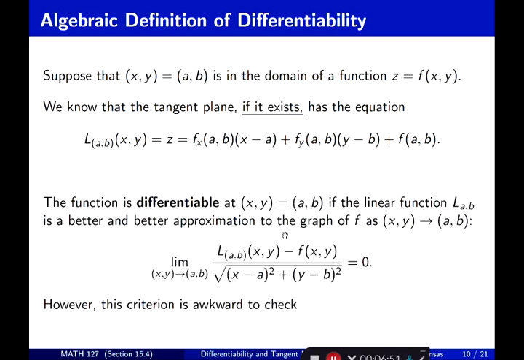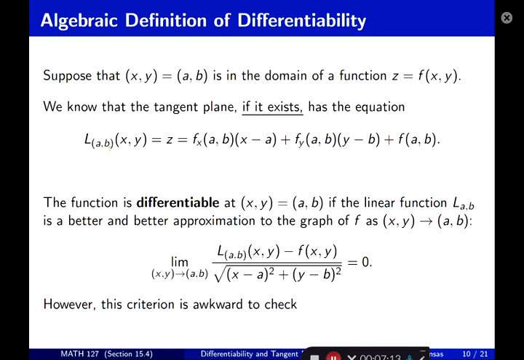What does it mean for the function to be differentiable? Here's the definition. The function is differentiable at (a, b) if the linear function L sub (a, b) is a better and better approximation to the graph of f of x and y as (x, y) approaches (a, b).